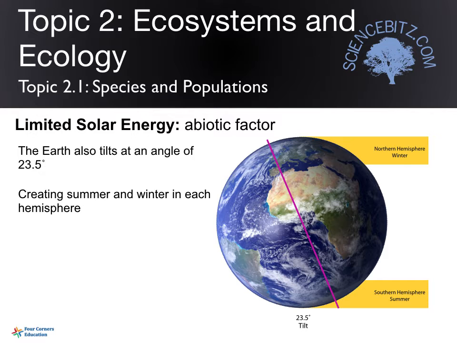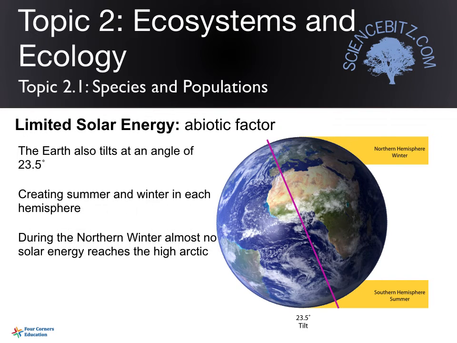So these are sort of linked together. So during the northern winter, almost no solar energy reaches the very, very high Arctic. This again drastically reduces the productivity at the poles. So we have our first factor that's actually affecting what populations can survive and what size the populations are that can survive and how they're going to interact with each other.